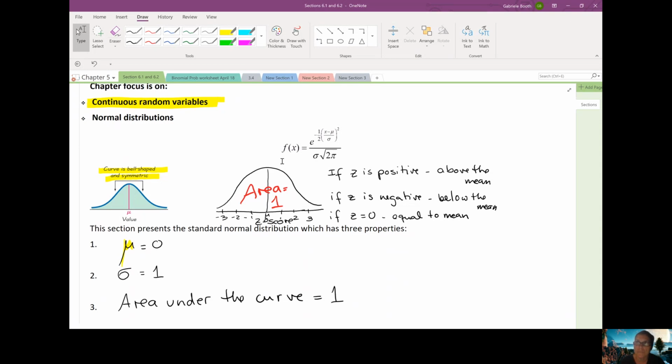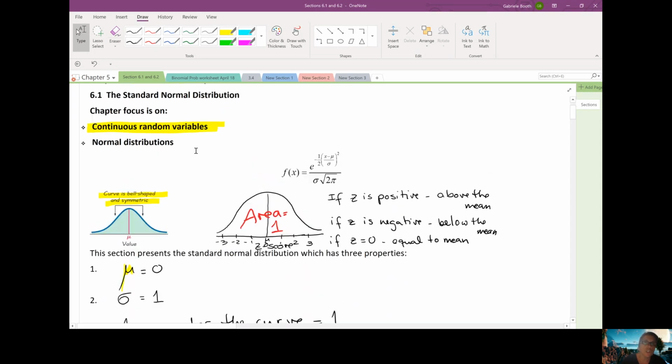So an easy way to say it: anything that has decimals, that has some kind of range interval, these are continuous random variables, and they can take on a bell-shaped curve, aka normal distribution.